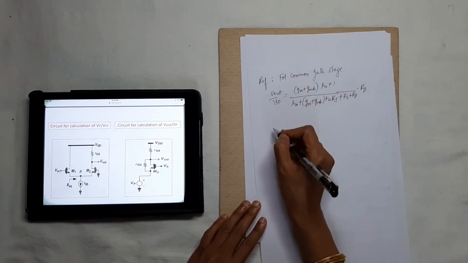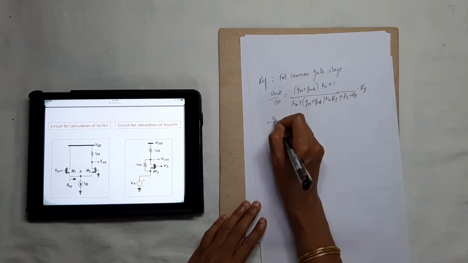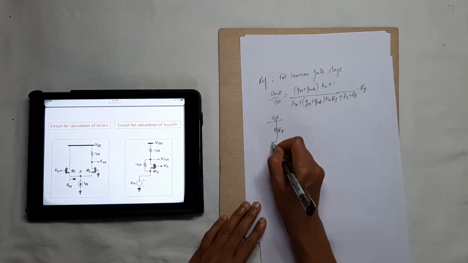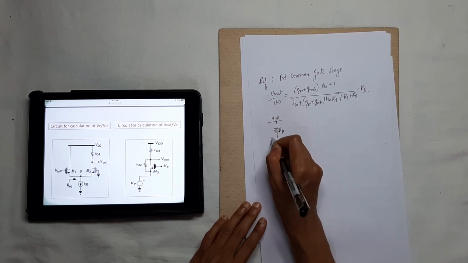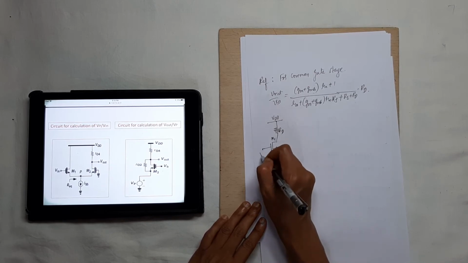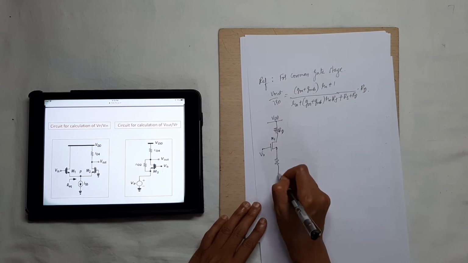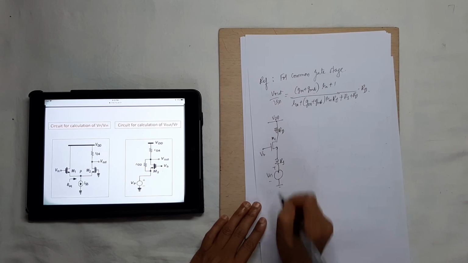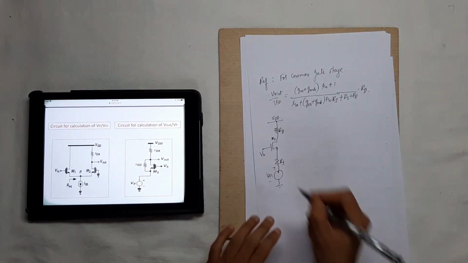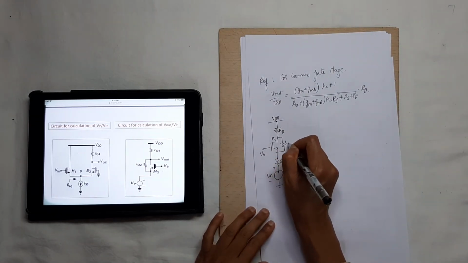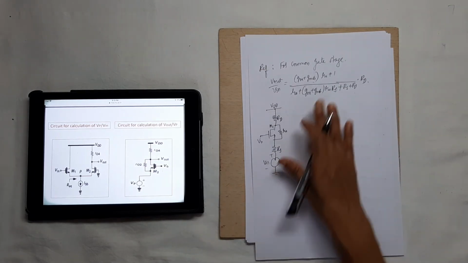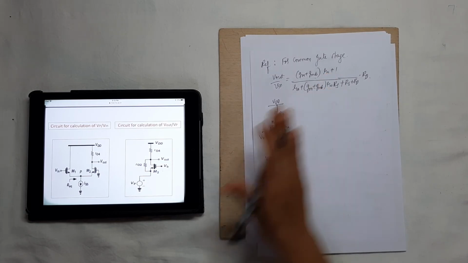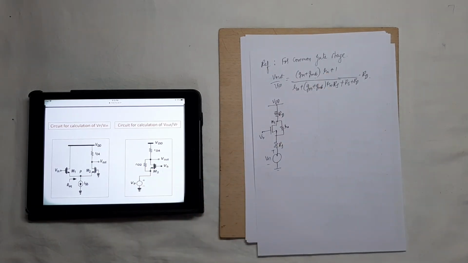This expression is with respect to the circuit: VDD, resistance Rd, then the transistor M1, VB is a bias voltage, resistance Rs, and Vn grounded, and this is Ro. Already we have derived this expression with respect to this circuit. Now this expression has to be applied to this circuit.